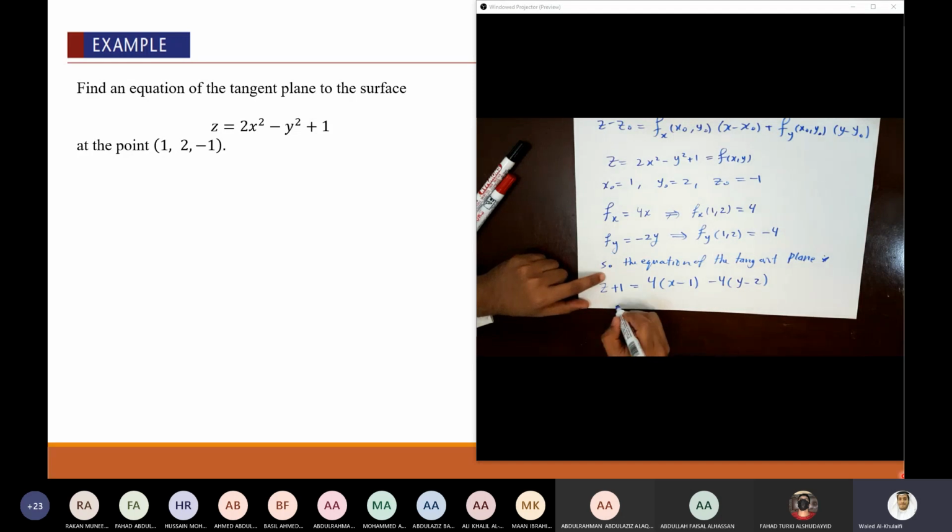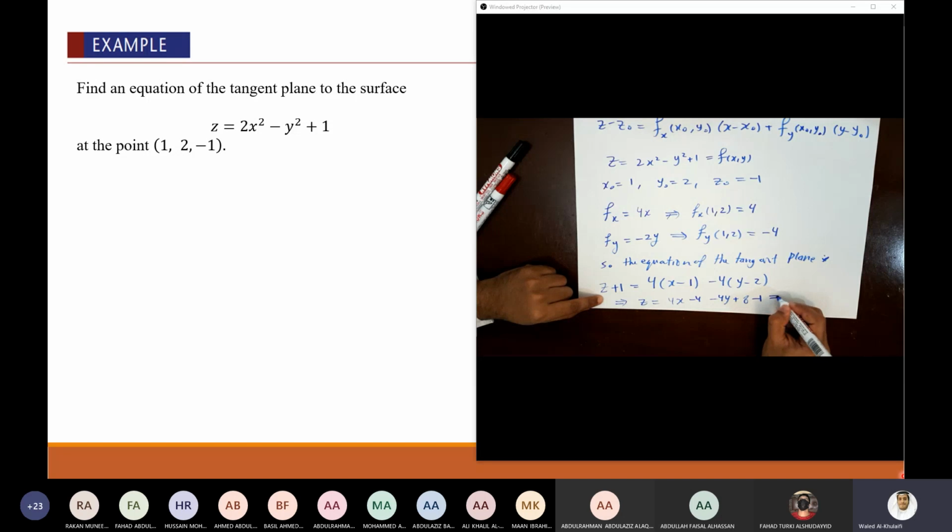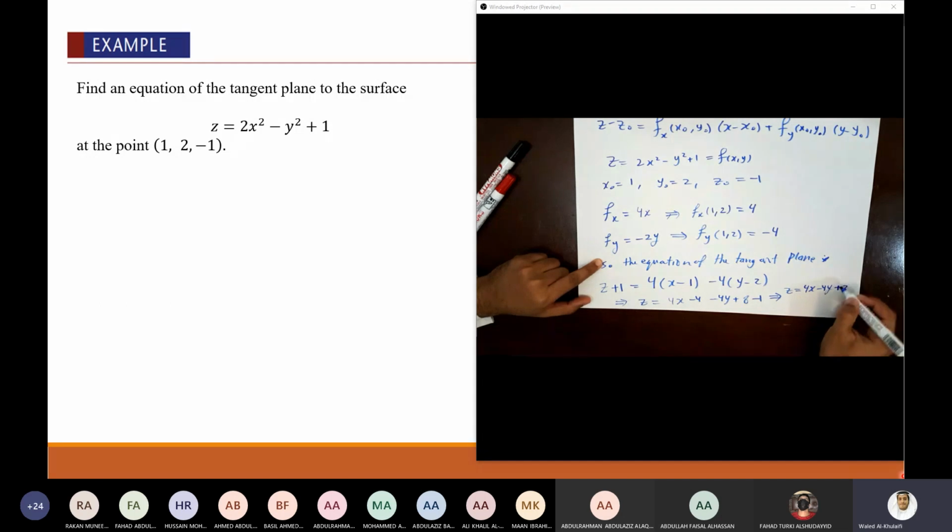Okay, so this implies that z equals 4x minus 4, minus 4y plus 8, and then minus 1. So at the end you will get 4x minus 4y minus 4 plus 8, which is plus 4, minus 1, which is plus 3.